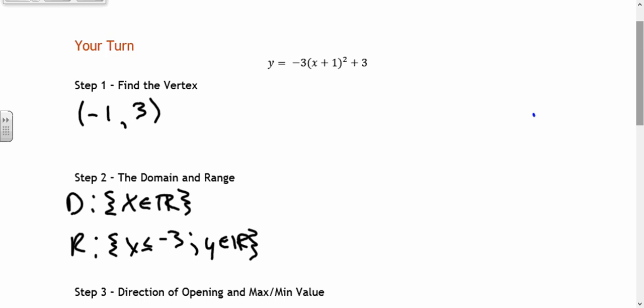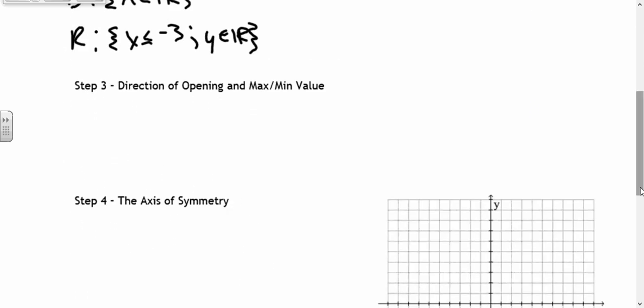Direction of opening, like I said, it's down. And there's a max at y is equal to 3. Lots of positives.